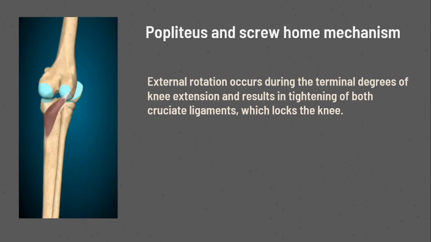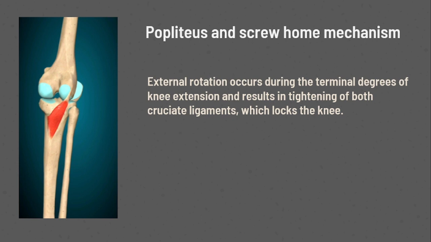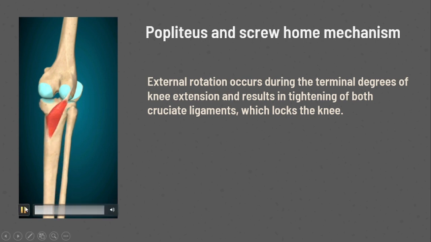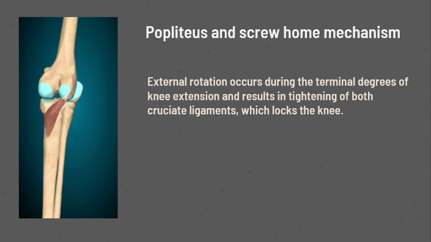The screw-home mechanism is very important to knee stability during standing and gait, which is the term for walking in science. The tibia rotates internally during the swing phase of the gait.